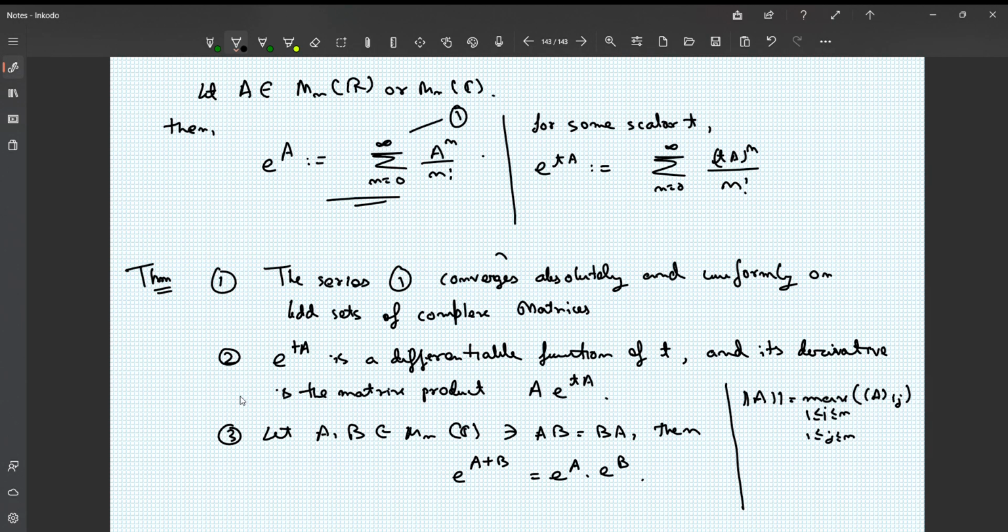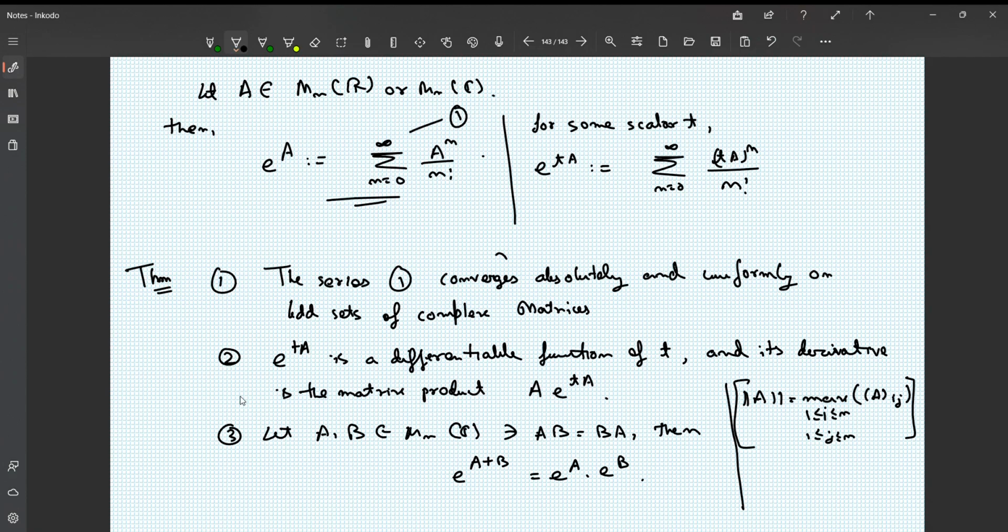This is the definition of a norm of a matrix. There are two important theorems which will help us prove these theorems, but we are not going to discuss them in this lecture.